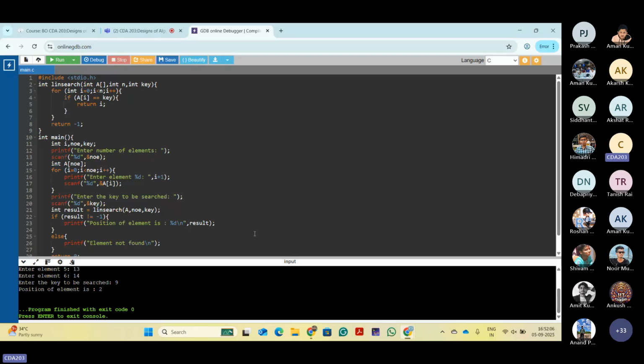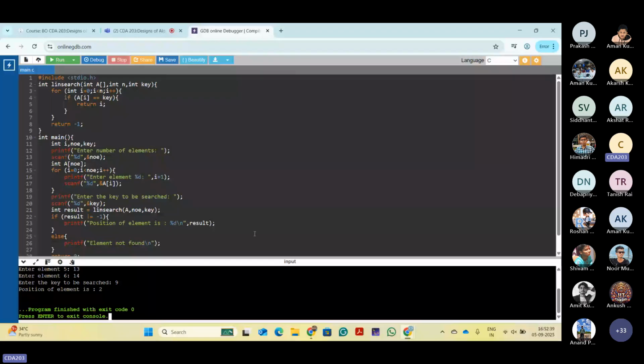Yes, there is no need. You can just write directly inside your main function. You don't need to use another function. Anyway, it's a good code. So good work.